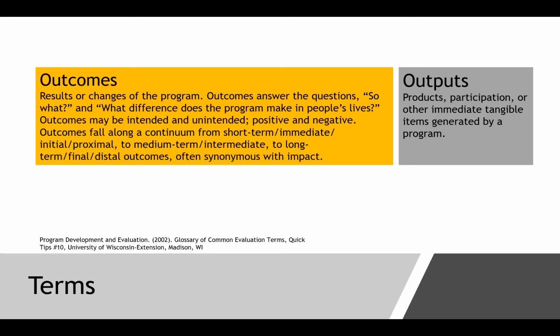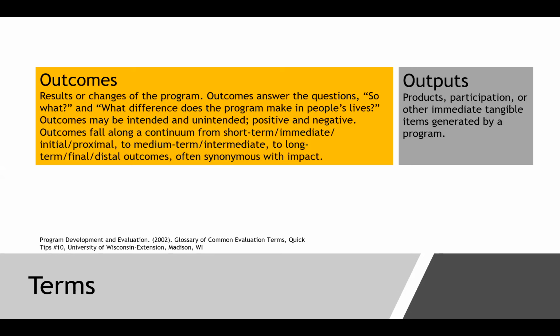Outputs are defined slightly differently by different folks. I like to think of them as something that's tangible as the immediate result of the program, so including participation. So if you had 12 potential new farmers participate in the program, the list of those participants, that's an output, as well as any tangible materials that they create as a result of participating, such as a whole farm management plan or a business plan, something like that.